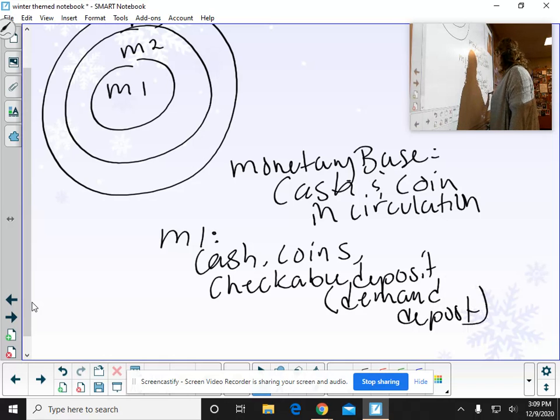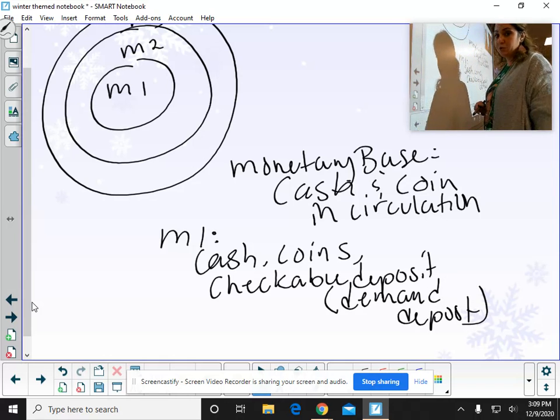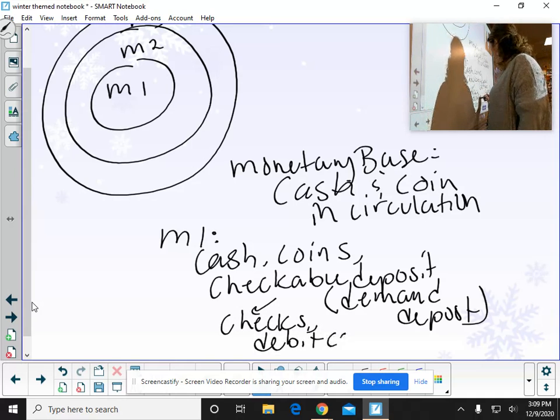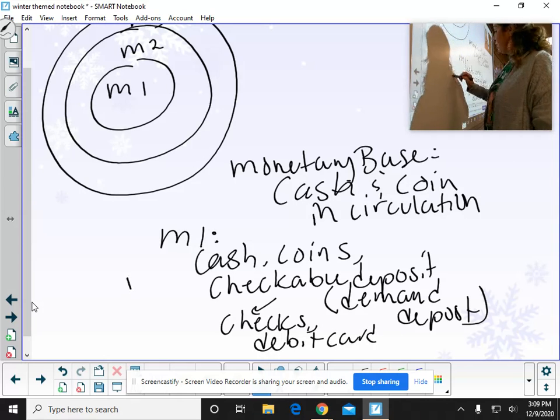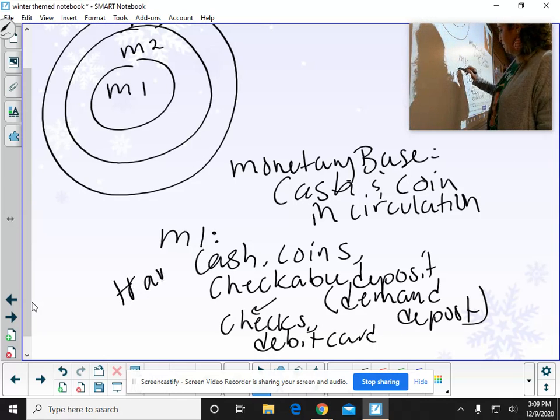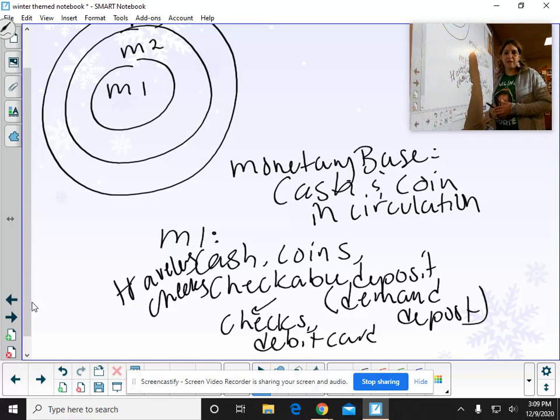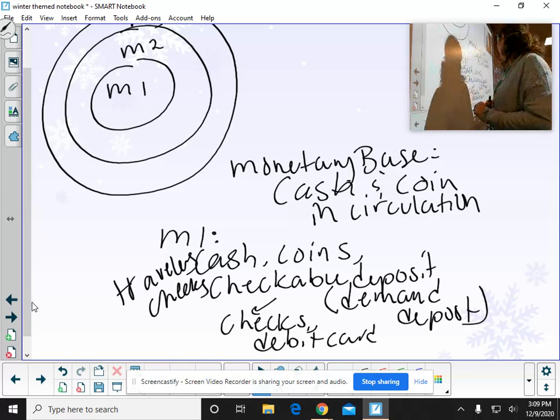Anything connected to your checking account, like checks, debit cards, or traveler's checks. These are all types of M1. So very, very high liquidity. You can spend any of these at the grocery store buying things very, very quickly.